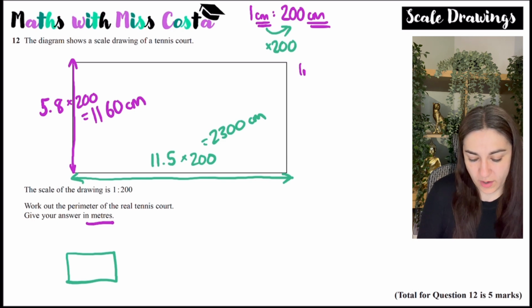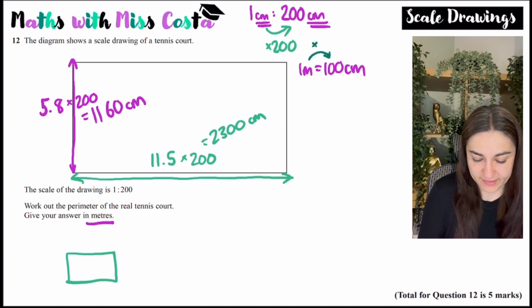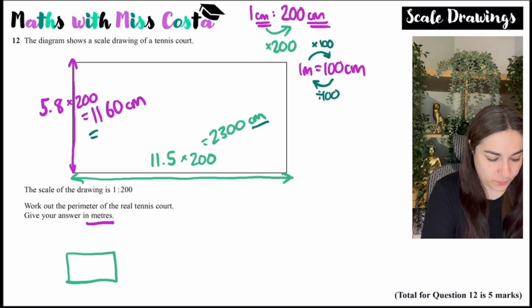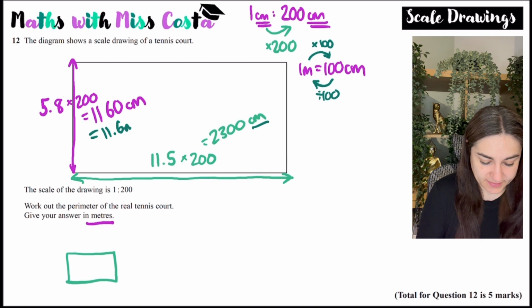So I know that 1 metre is 100 centimetres. So to go from metres to centimetres, I times by 100. And to go from centimetres to metres, I divide by 100. So I'm going from centimetres to metres, so each of these I'm going to divide by 100. 1,160 divided by 100 is 11.6 metres.